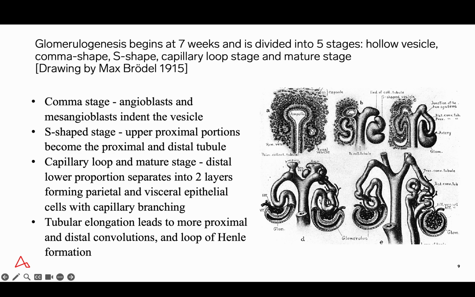In the maturing stage, there is further capillary loop branching and tubular elongation, and the proximal and distal tubules develop additional convolutions, and the loop of Henle forms and follows the collecting duct down the medullary rays.